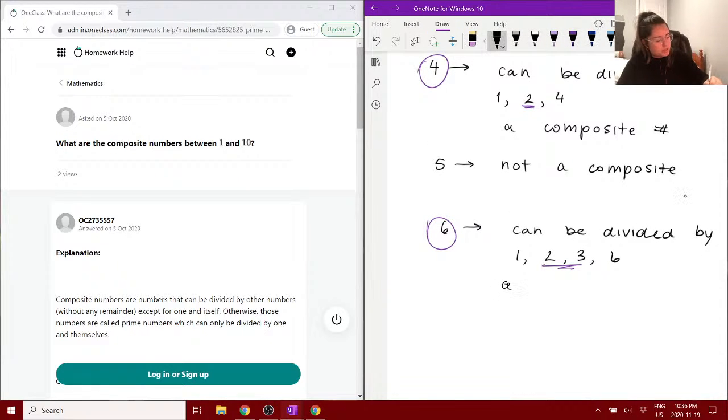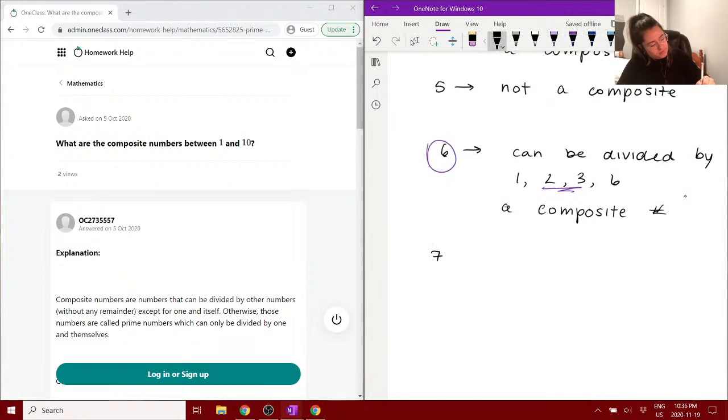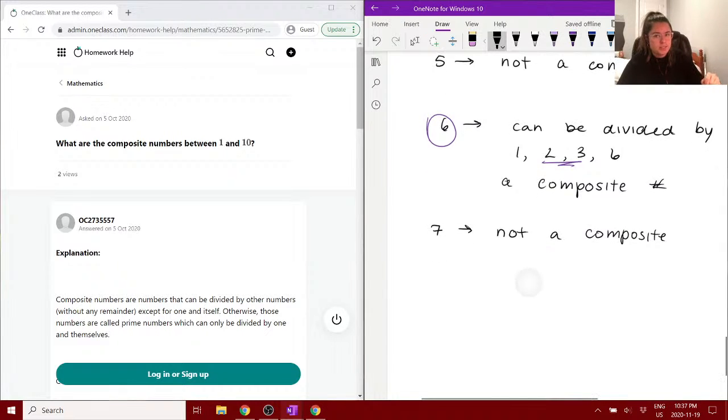So this one is also a composite number, since it can be divided by more than just 1 and itself. We have 7 next. 7 we know is also a prime number, so it's not a composite, because it can only be divided by 1 and itself.